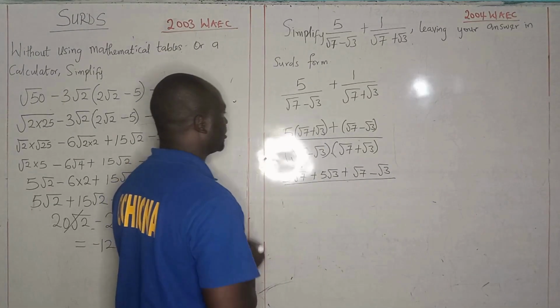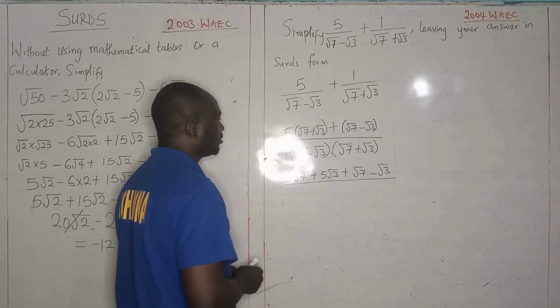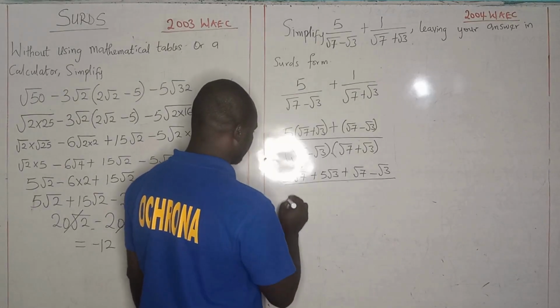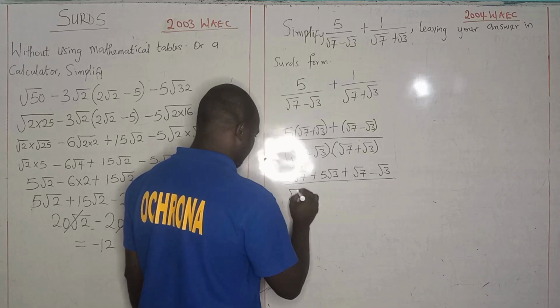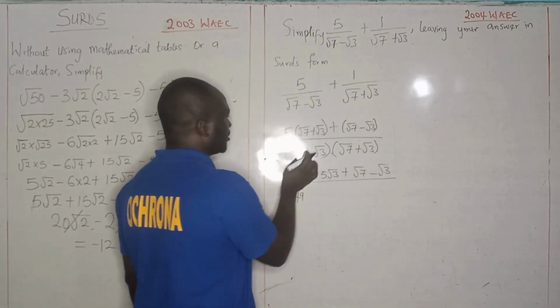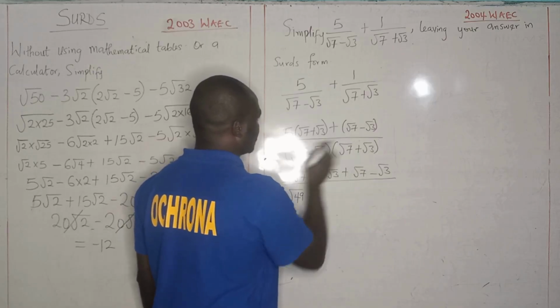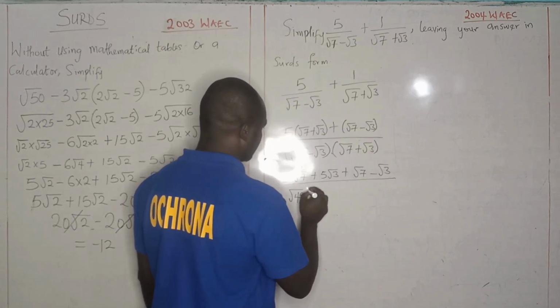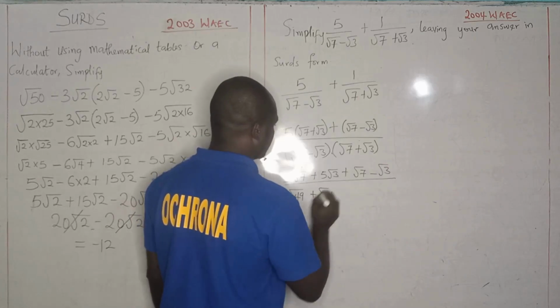Now expanding the denominator, we have root 7 multiplied by root 7, that will give us root 49. Root 7 multiplied by root 3, that will give us what? Plus root 21.